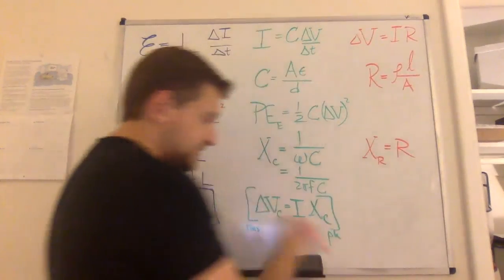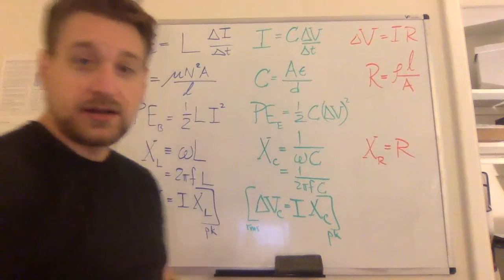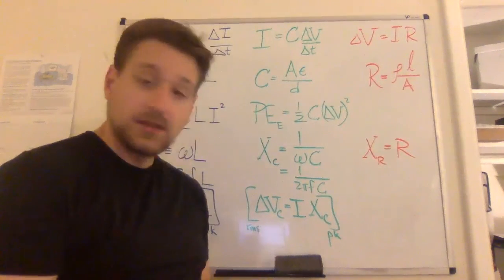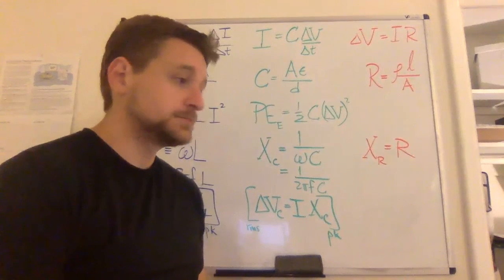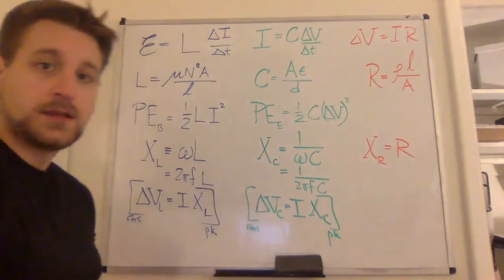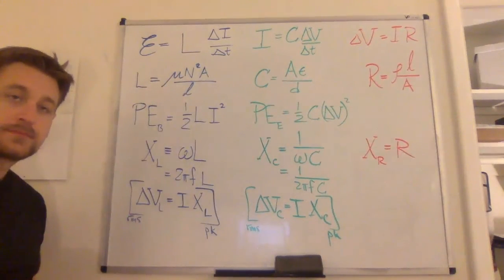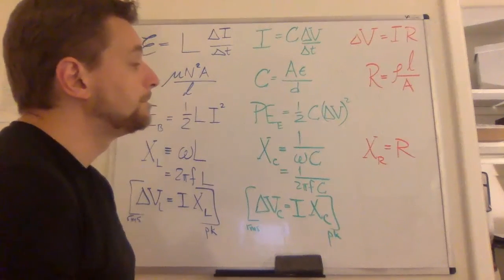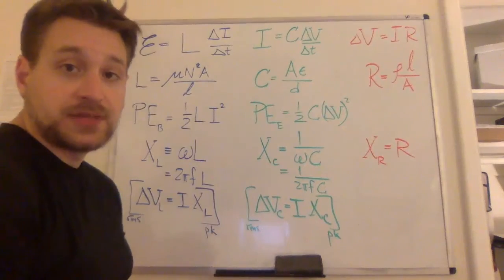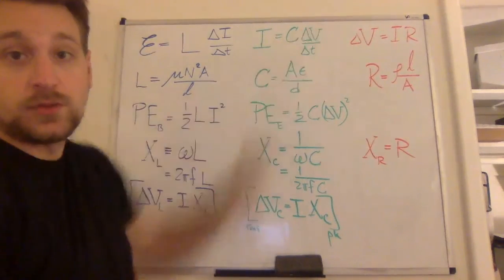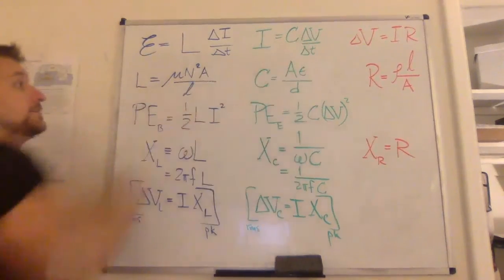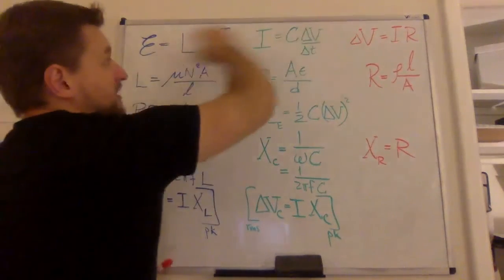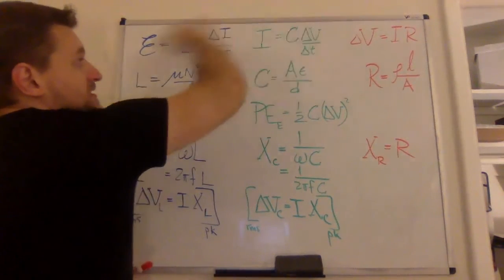So the potential difference is still equal to IR, and that one is instantaneous. Whatever the current is, potential difference will be. It also works for RMS and peak, but it works for the instantaneous case as well, the case where things are changing. That's this first row.